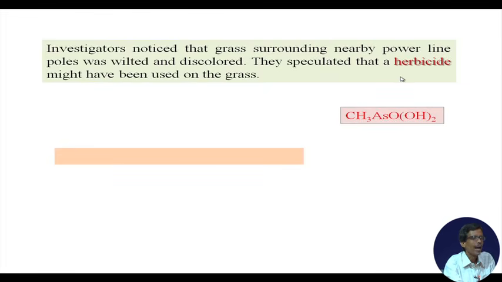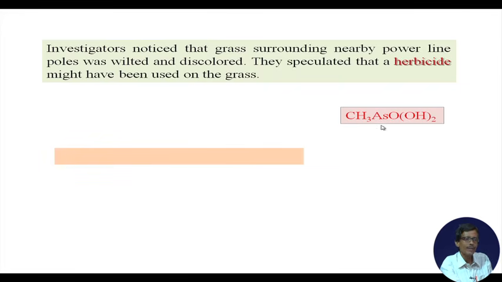Basically what has been sprayed over there is an arsenic based herbicide. Here comes the knowledge of typical chemical knowledge, understanding this particular compound, because occasionally we spray something on the grass surface, but whether the compound is deadly to human beings or to the deer, we do not know.